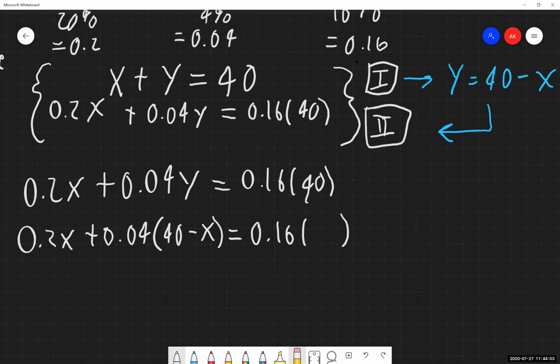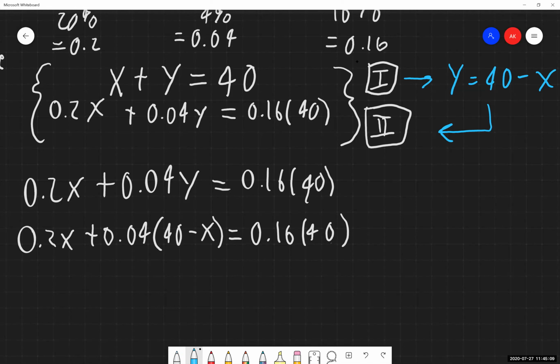From here, we've just got a mechanical problem. We're solving this thing for x.